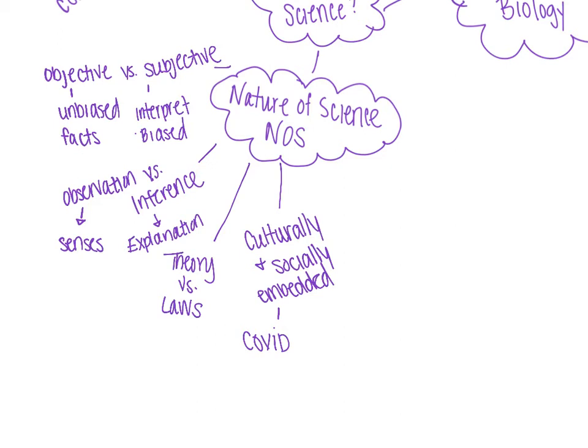And then now, our culture and our society have completely changed, where coronaviruses are now a huge focus. There are hundreds and hundreds of scientists who are now studying coronaviruses. Okay, so our culture, our society has shaped where science has gone.